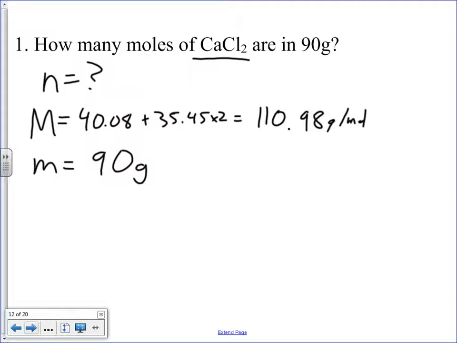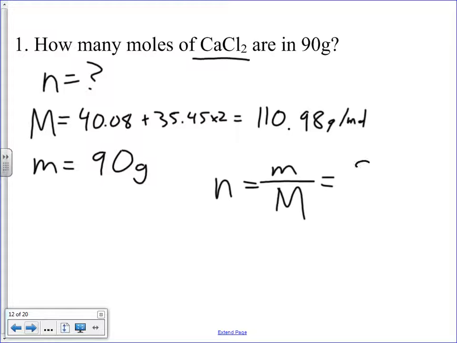So I don't know what n is, but I know the other two parts of the mole equation formula. So n equals little m over big M. Do I have to manipulate this formula, or is it already set up to solve for what I'm looking for? I'm looking for n. Is it set up already? Yeah, it's already set up to find n, so I don't have to do anything with it. I just have to plug in my numbers.